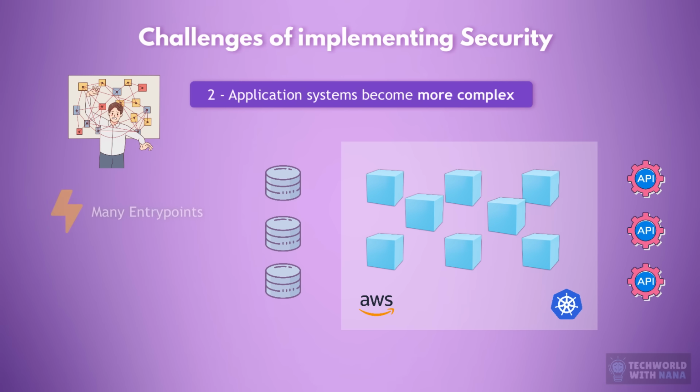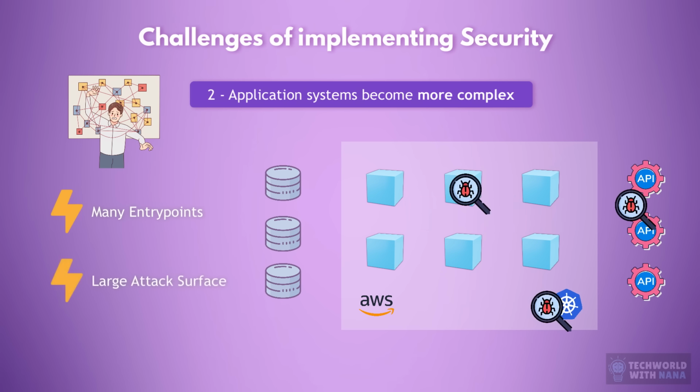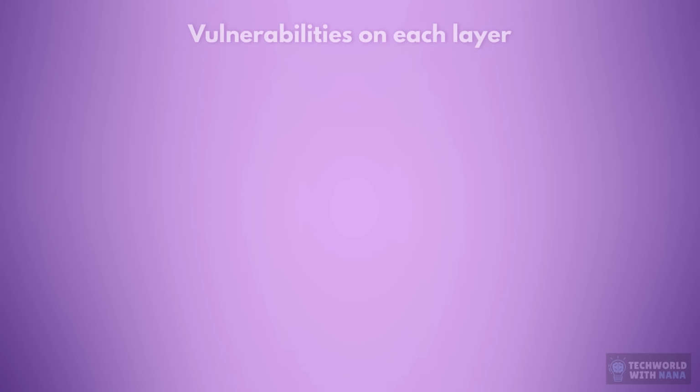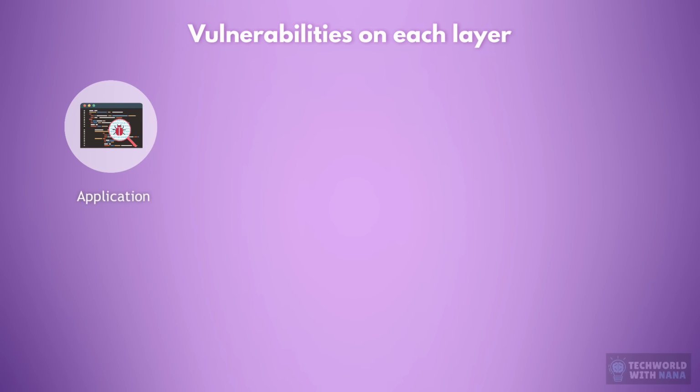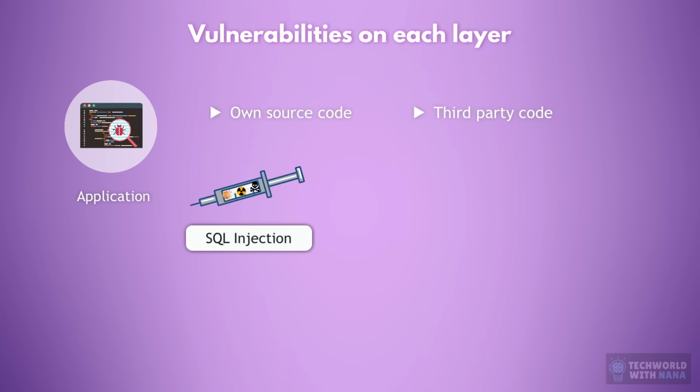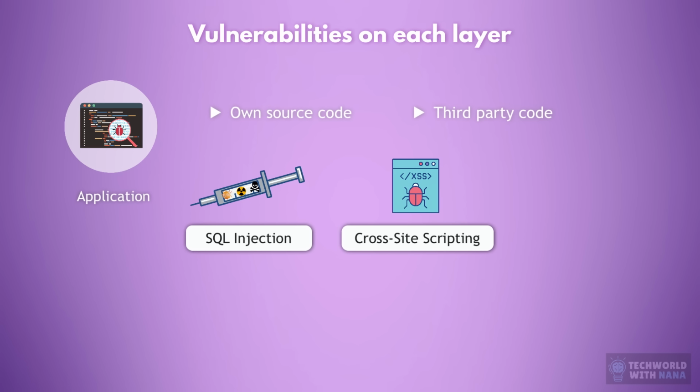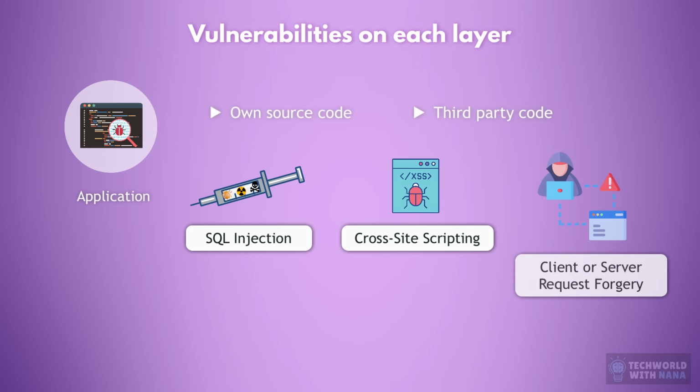Imagine how many entry points and how large of an attack surface such a complex system has that may allow different types of attacks. These levels could be within the application itself, so your own code or third-party applications and libraries that allow for SQL injection, for example, or cross-site scripting or forging requests from clients or even worse from servers.